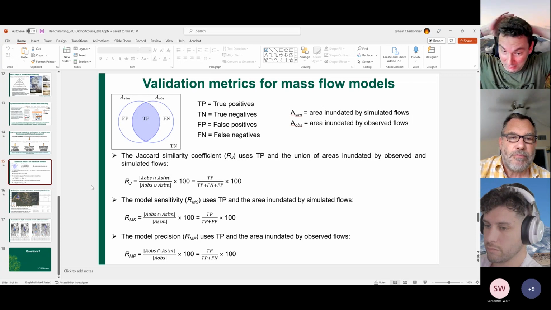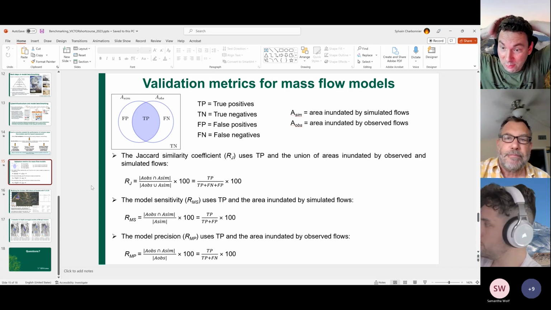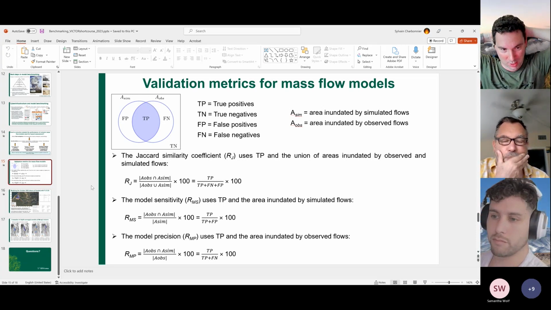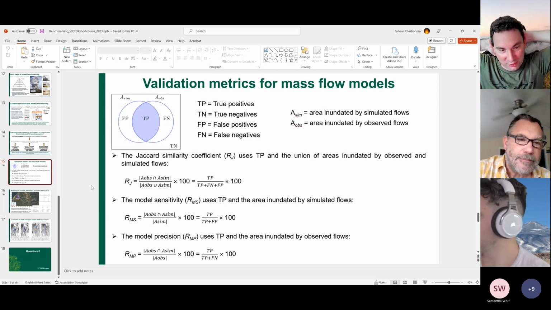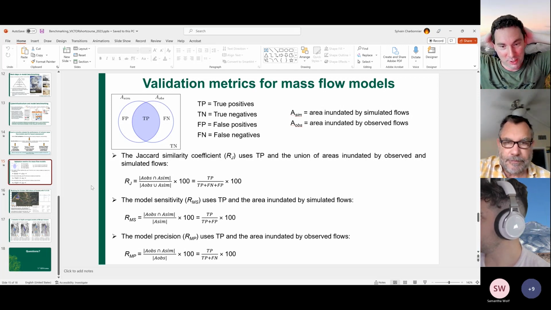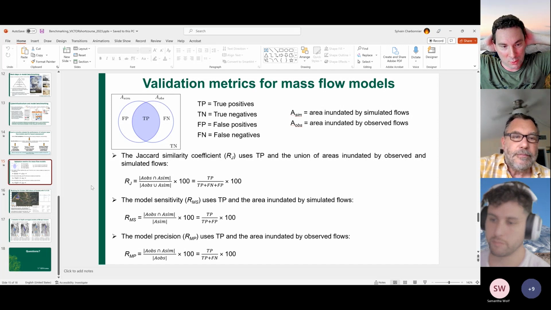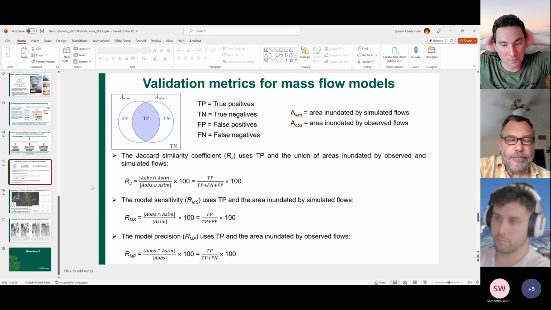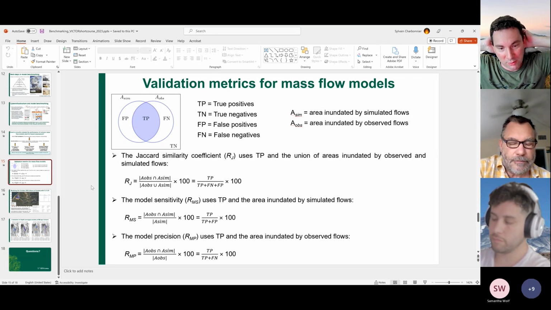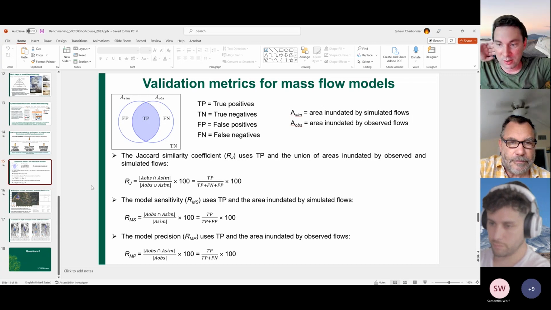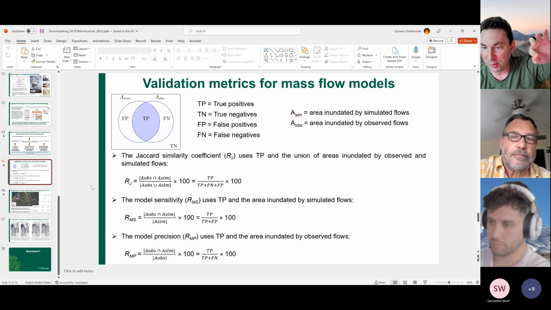So that would be the next steps: to develop a Jaccard fit that would be like a probability Jaccard fit. So basically by trying to set up some weight on the pixels based on how far away they are from the observed flow boundary, for example.